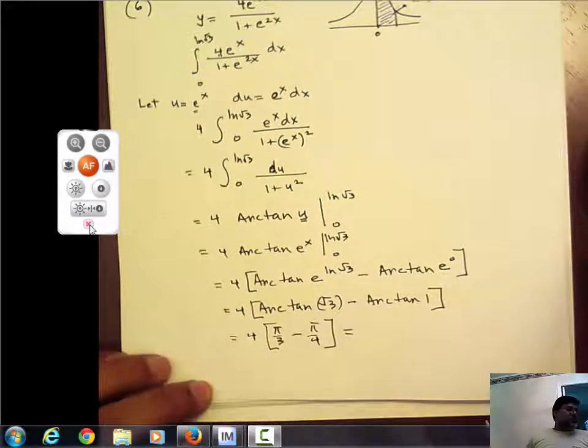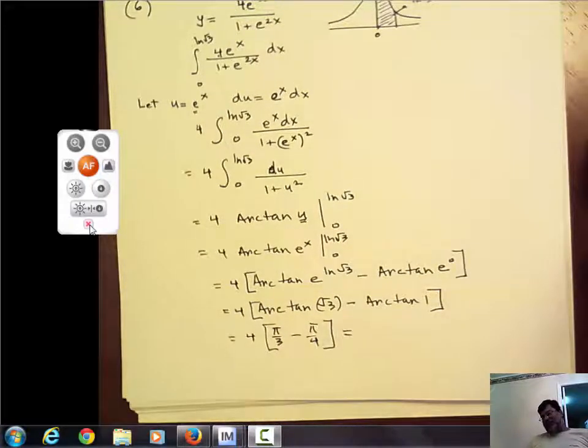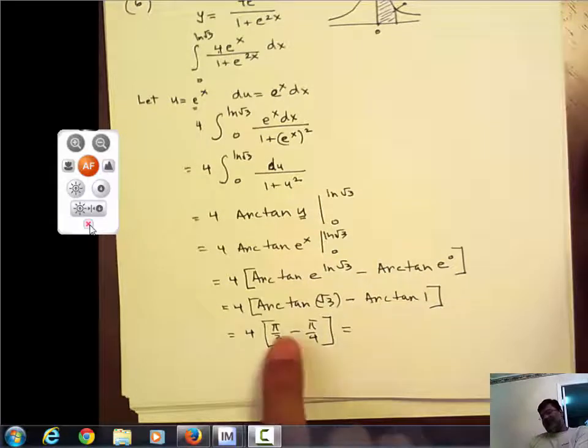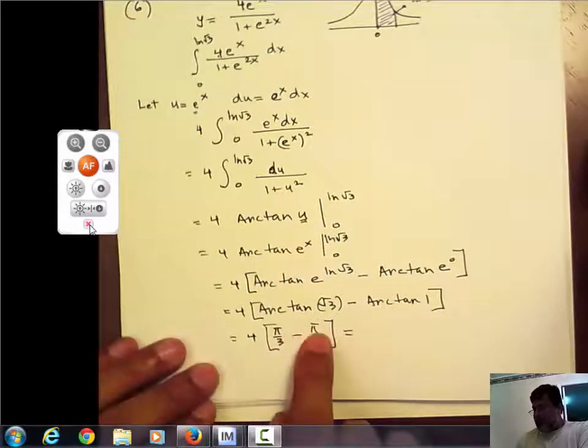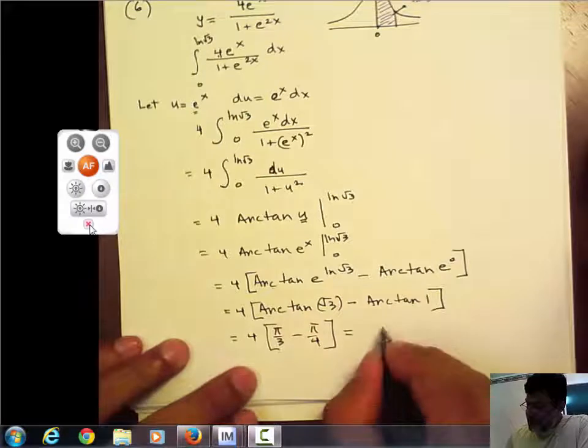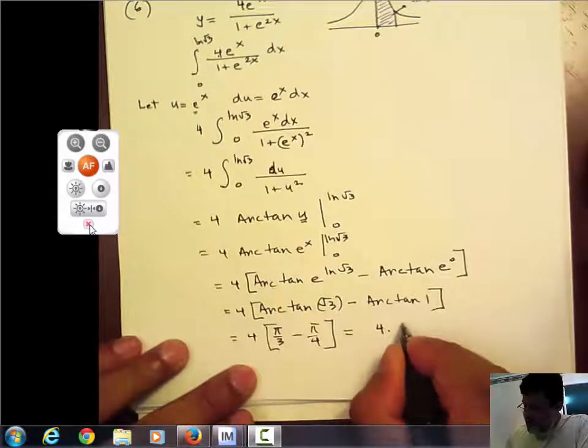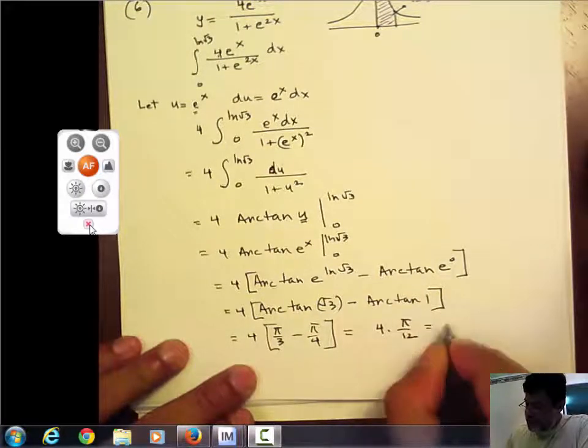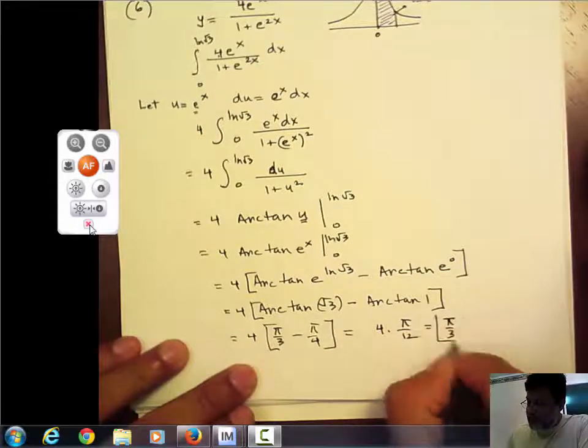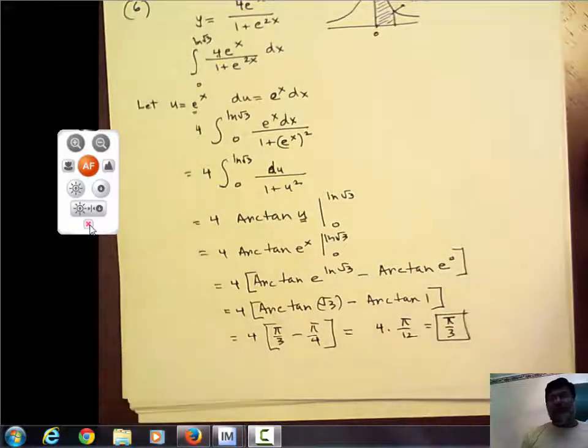Right? Take the common denominator, which is 12, so this would be 4 pi minus 3 pi, which is 1 pi, so it's 4 times pi over 12, or the grand answer, area under the curve is pi over 3 in this case. Yeah?